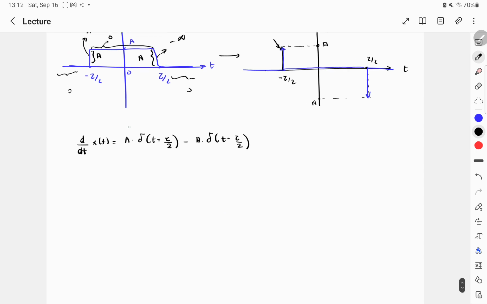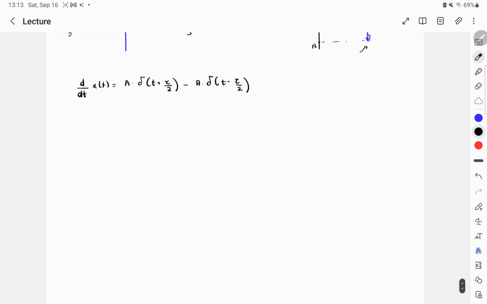Why we multiplied with a is because delta normally has an amplitude of 1, but we need an amplitude of a. Since it is at minus tau over 2, we have a plus here, and here we have minus for obvious reasons, as this is a minus amplitude.